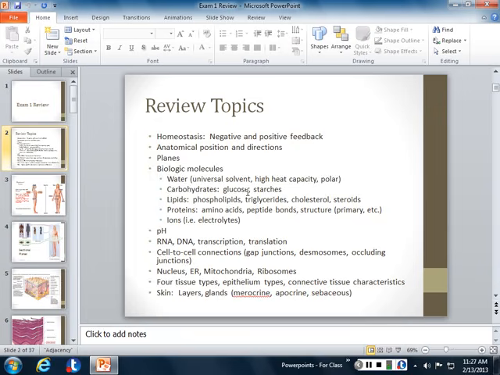Mitochondria: ATP production. If this is a mitochondria, they look a little bit like that. We put small carbon chains in and we put oxygen in, and we get ATP out, we get CO2 out, and we get water out.